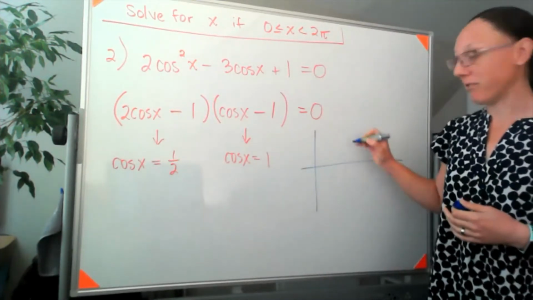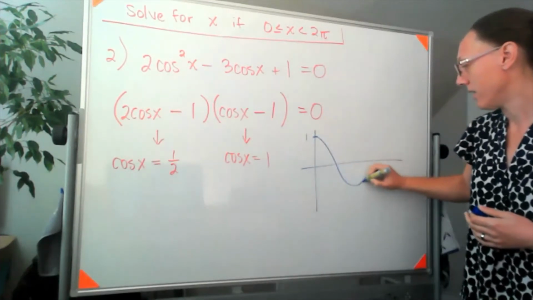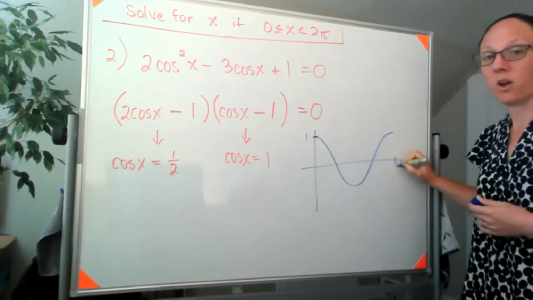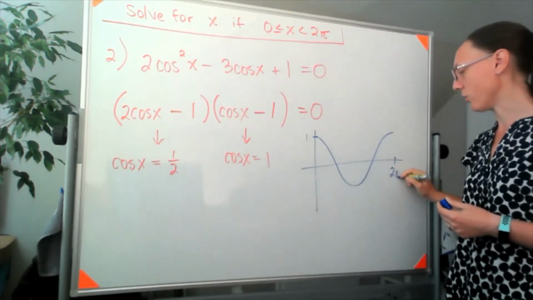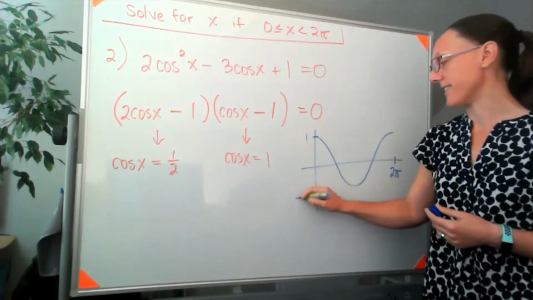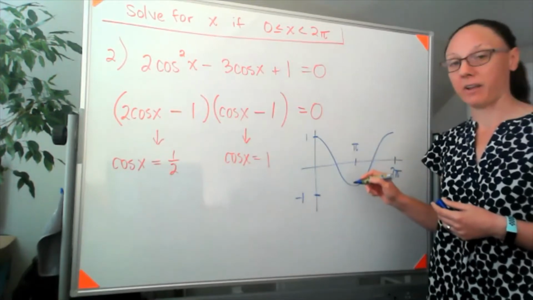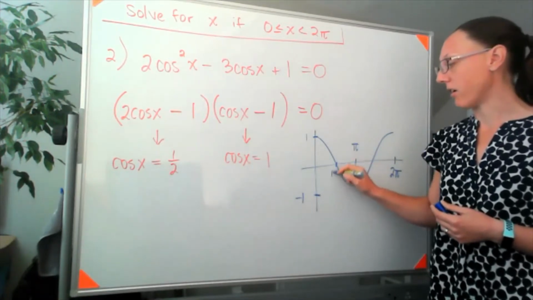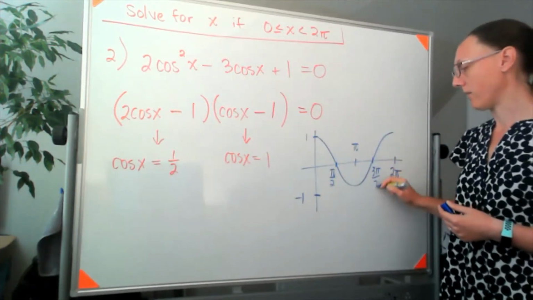If I think about a graph of cosine of x, it starts up here at 1, and it returns to 1 after one period or one full cycle, which brings me to 2 pi. The lowest value that cosine ever takes on is -1, and that happens right in the middle at pi, and cosine is equal to 0 at pi over 2 and 3 pi over 2.